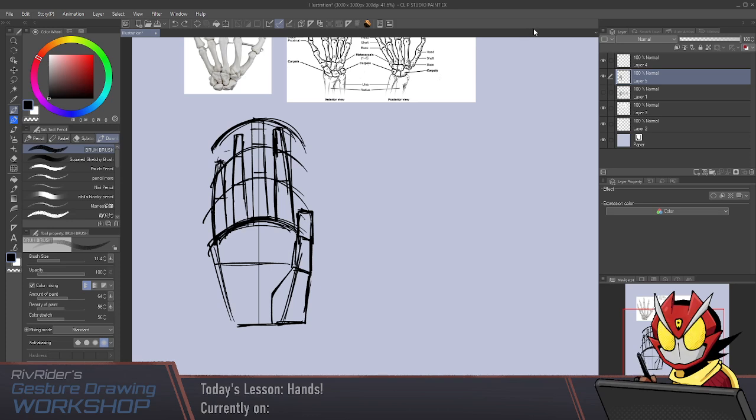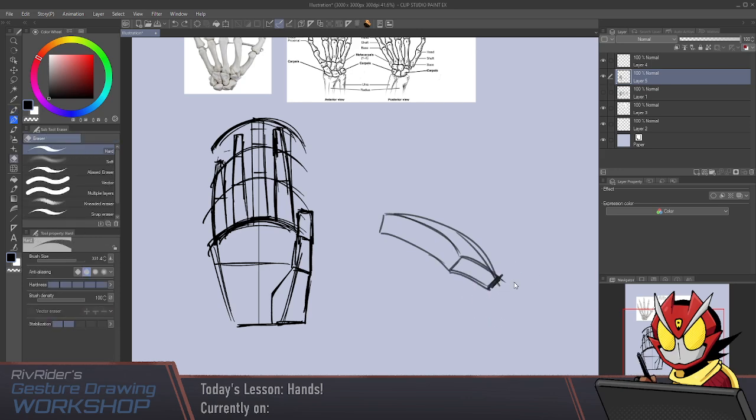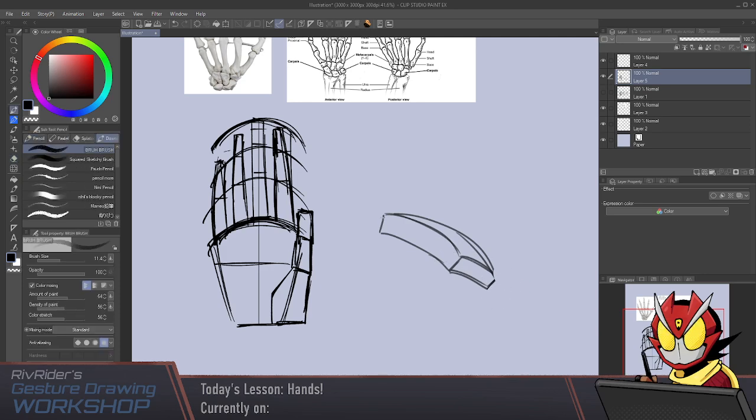Let's see, more shapes. Let's talk about it in 3 dimensions. If we look at the shape of a hand in 3 dimensions, it is a block. It's a fairly thin block, but a block nonetheless. This is just a hand in slight perspective.